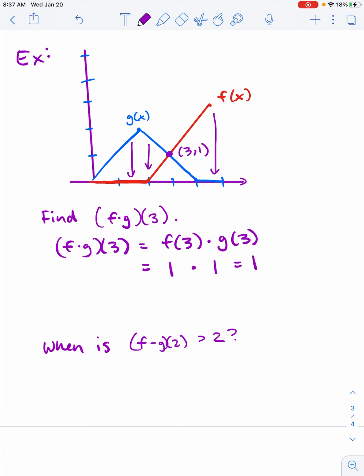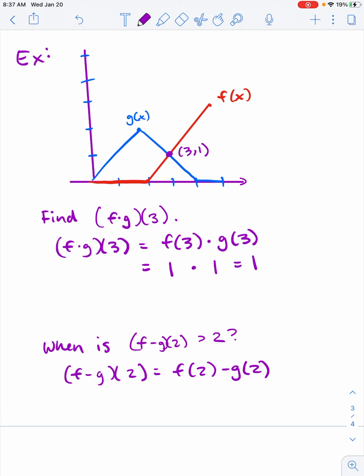That's one way of thinking about it. So let's try out this point here. What if I had f minus g of 2? What would happen here? That would be f of 2 minus g of 2.